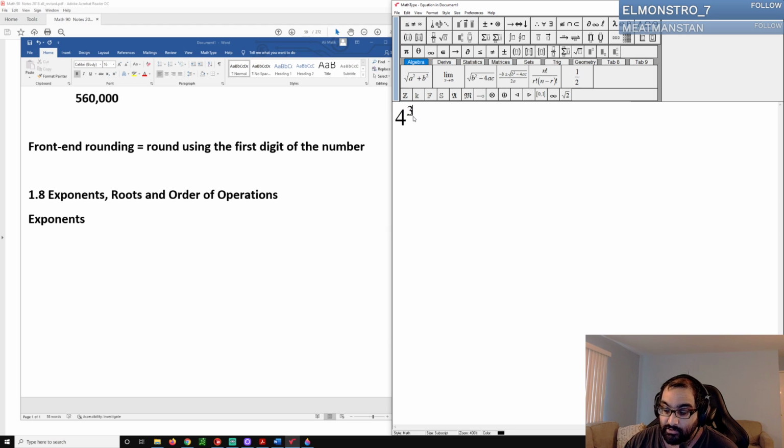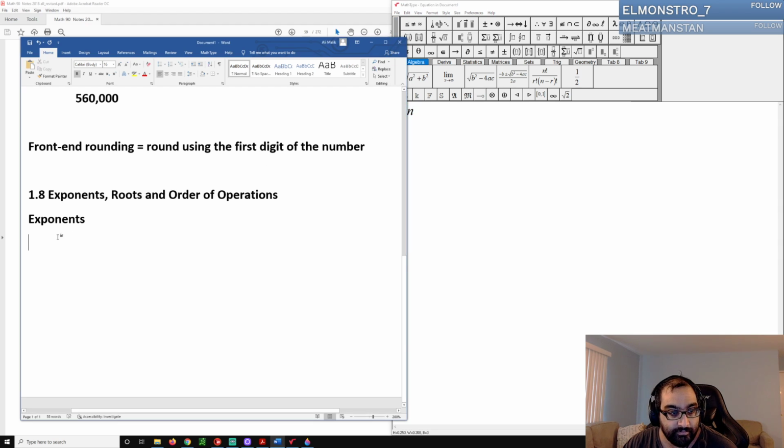In general, that's just with numbers, but in general it looks like this: B to the n power. This is what most exponents look like, some number to some power.